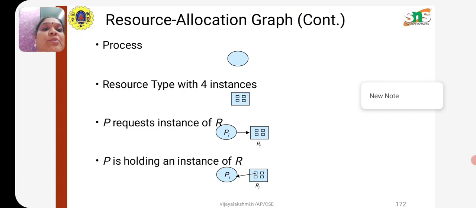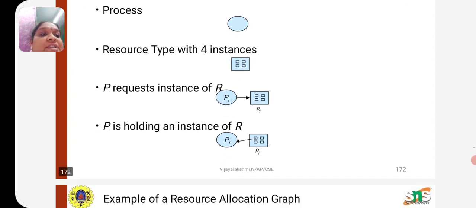Now we will see the notations of the resource allocation graph. A process is drawn as an oval. A resource type with 4 instances: if the resource type is a printer, the big square is the printer, and the small circles inside are the count of printers, how many printers are there. Pi requesting an instance of Rj is notated by an edge from the process to the resource, and Pi holding an instance of Rj is in the reverse direction. These are the notations of the resource allocation graph.